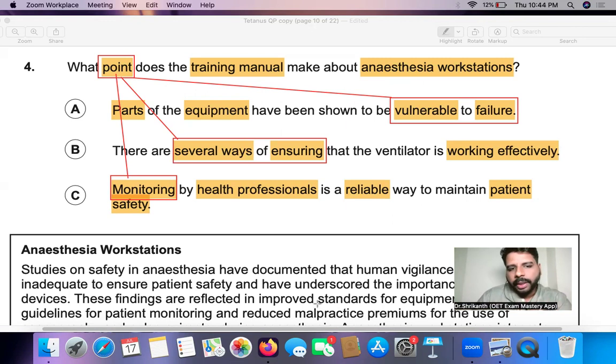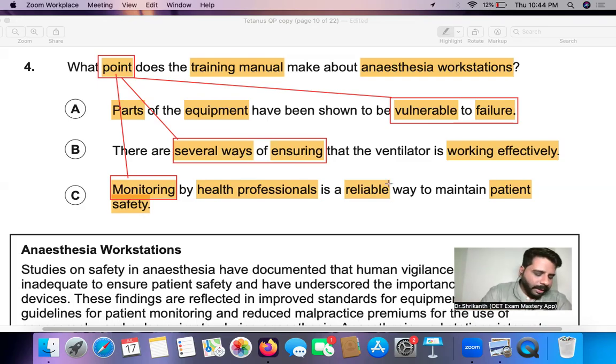Is the paragraph talking about monitoring? If the answer is no, then you can immediately eliminate it. Sometimes it may be mentioned, but even if it is mentioned, you have to make sure that it is linked to the keywords as well. So that connection to keywords and verbs you also have to ensure. Only then can you choose that as the correct answer.